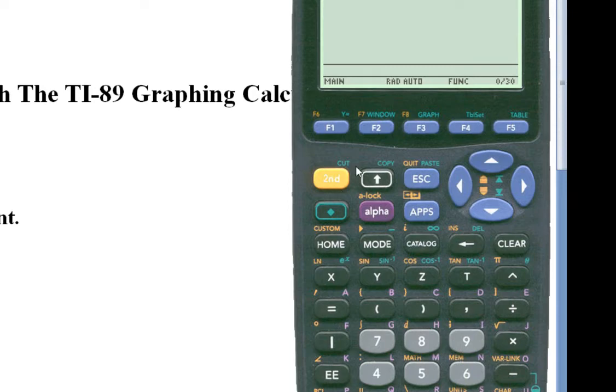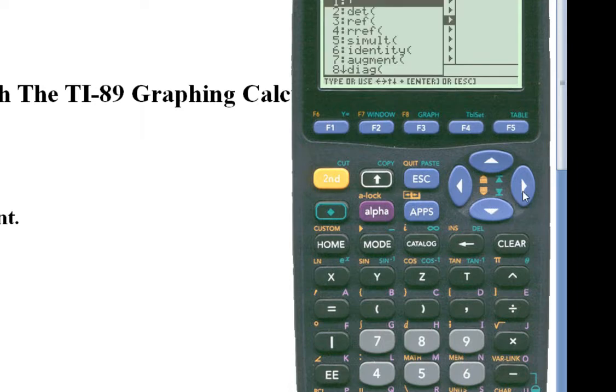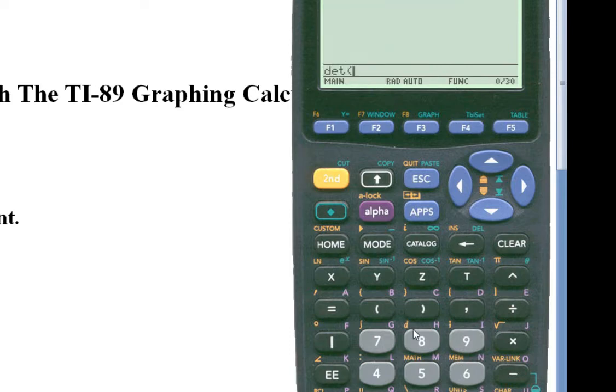So hit second, 5, down to matrix, to the right, number 2 is determinant, and then we enter again. Same procedure, second, bracket, and enter each row, followed by a semicolon.